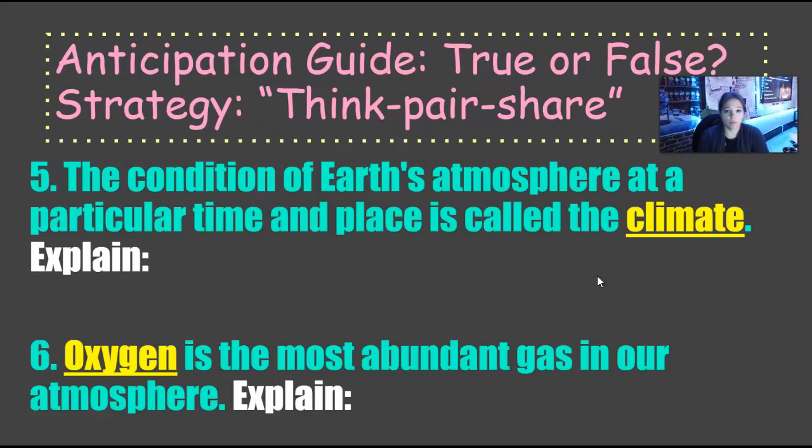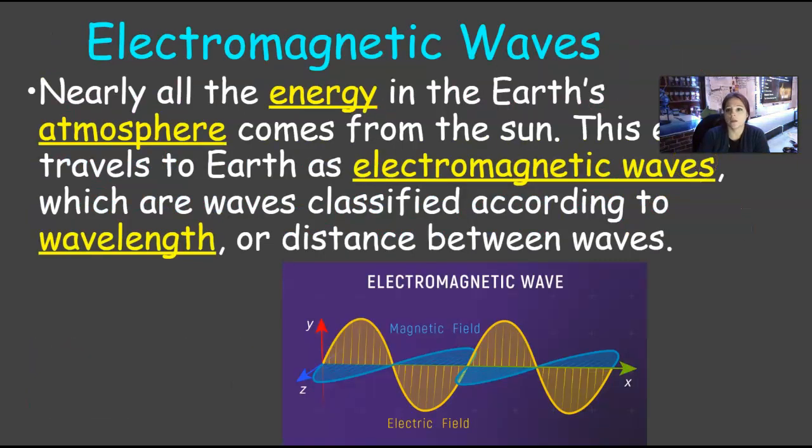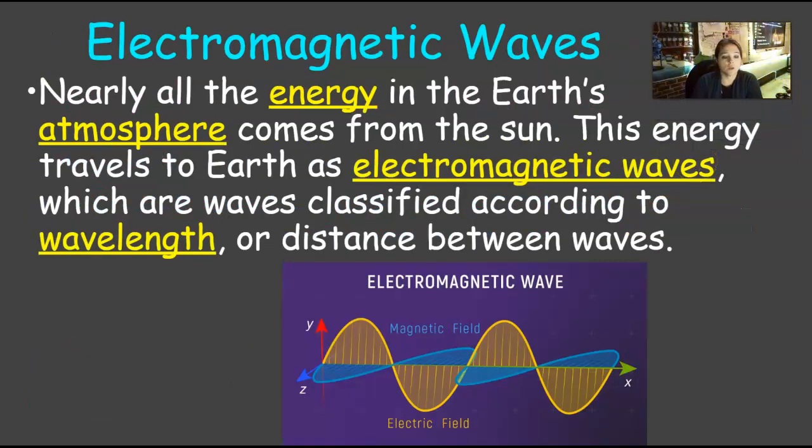All right, so we're going to flip back to, and we said it was page 8, electromagnetic waves. So nearly all the energy in Earth's atmosphere comes from the sun. That's where we get our heat, our energy. This energy travels to the Earth as electromagnetic waves, which are waves classified according to wavelength, or distance between the waves.